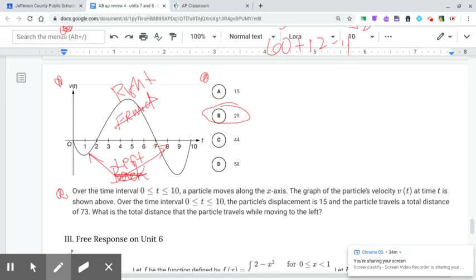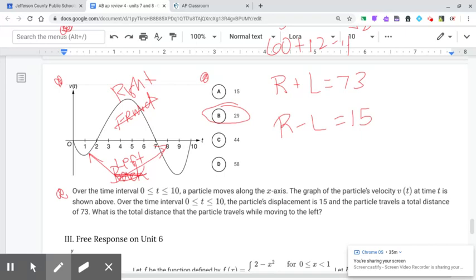Okay, so if the total distance is 73, then doesn't that mean that the right area plus the left area equals 73? And I'm talking area just without signs. So those two added equals 73. The displacement is 15, so that means the right take away the left is 15.